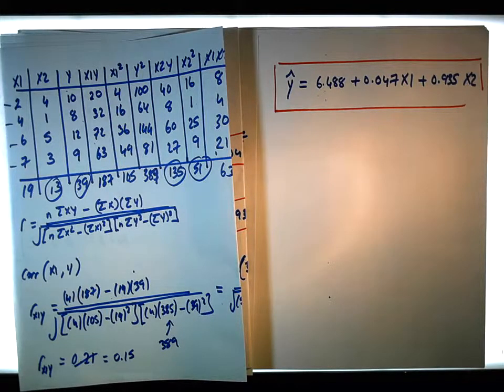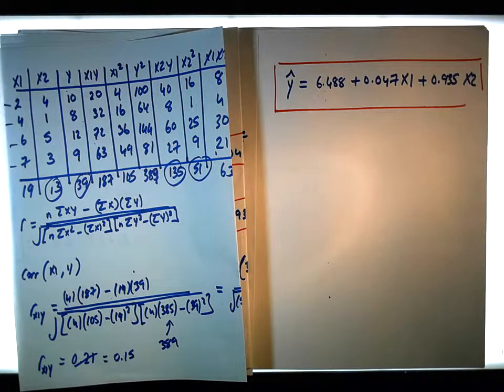Just scrolling back up here now. A question that we might ask ourselves is something like this: if we're trying to understand the variation in the dependent variable, and we're trying to account for that variation by controlling for the x1 and the x2 variable effectively, what the model summary basically tells us here is, first of all, the correlation.